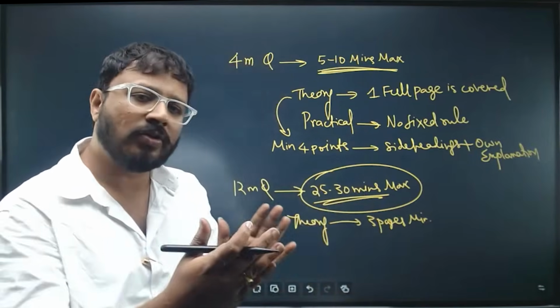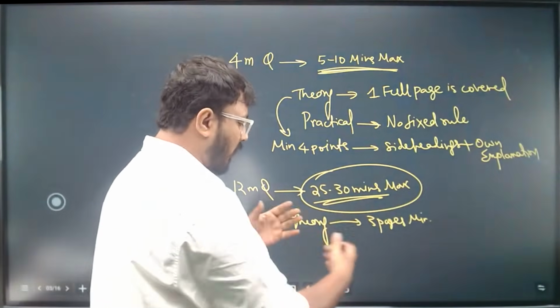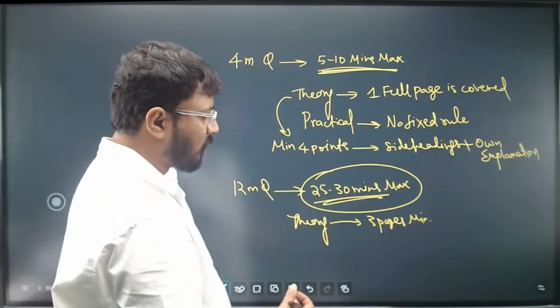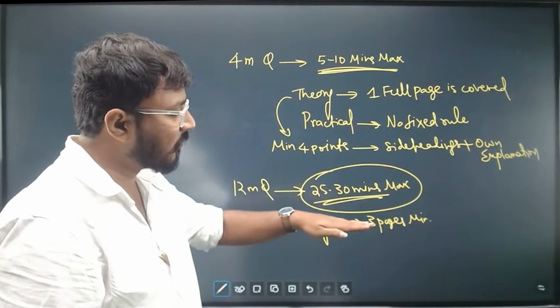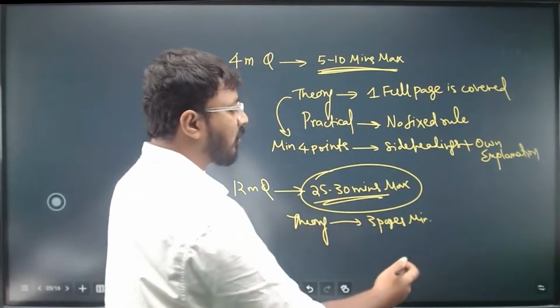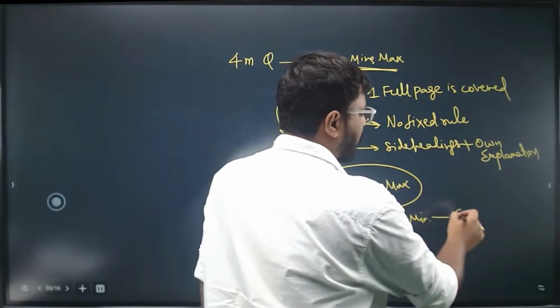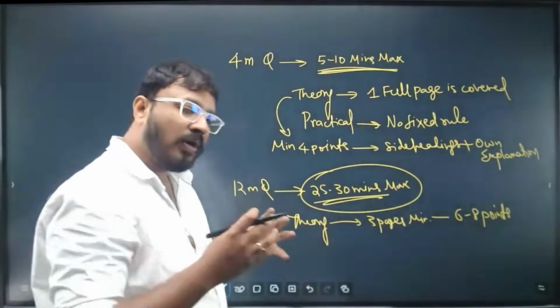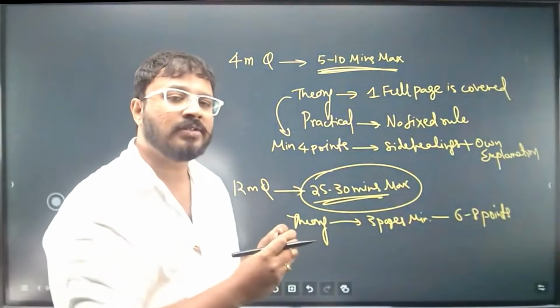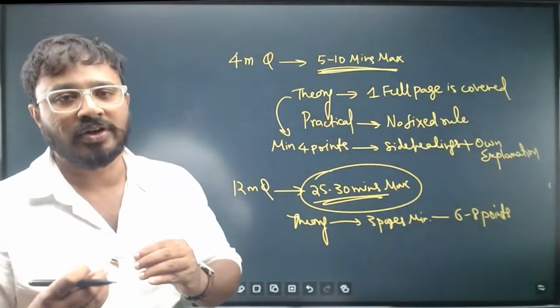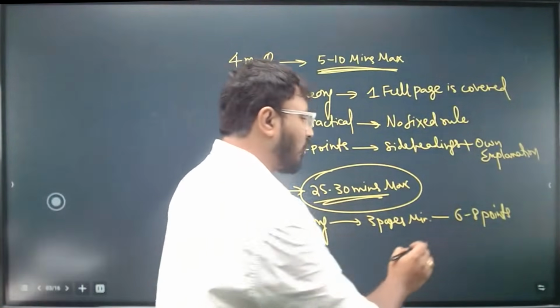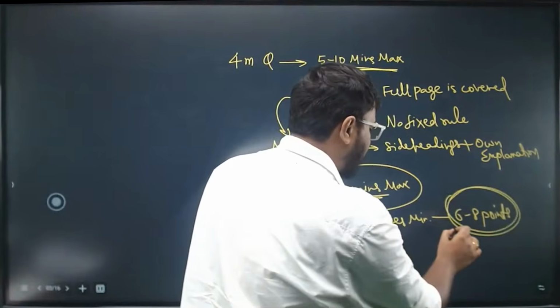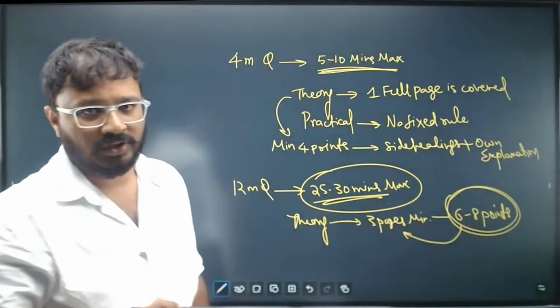So if you're answering a theory question, as I was saying, you need to fill a minimum of 3 pages, and here you need to write at least 6 to 8 points. When I'm saying points, it is subheadings as well as your own explanation. So make sure you spread these points over 3 pages minimum.